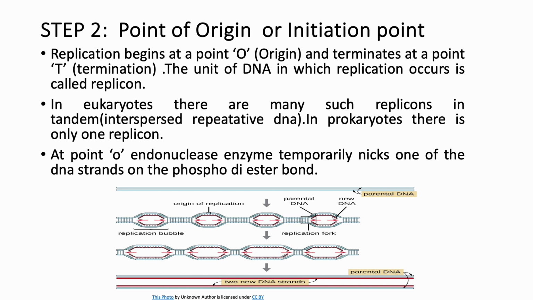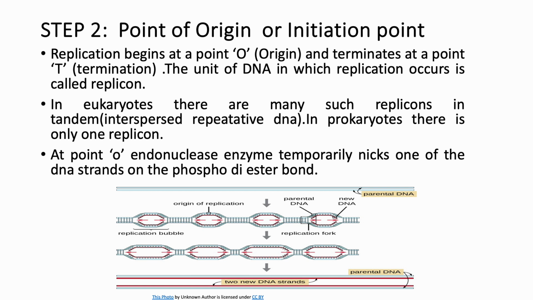Now, the second step in the process is the point of origin or the initiation point. Now that the DNA is uncoiled, the point of origin for the replication process to begin is identified.